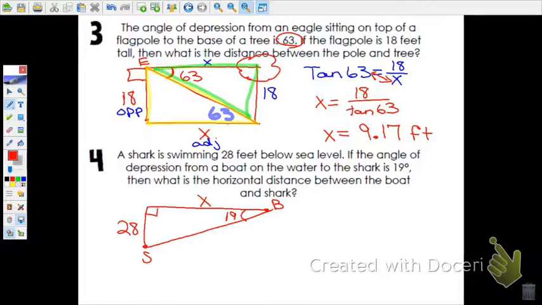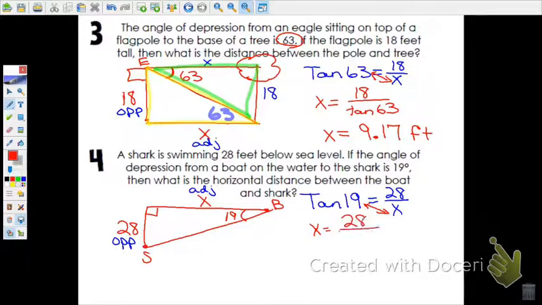Okay. So again, we have our opposite and our adjacent. So tangent of 19 equals opposite 28 over adjacent x. Again, because the variable's in the denominator, we need to flip that around. X equals 28 divided by tangent of 19.